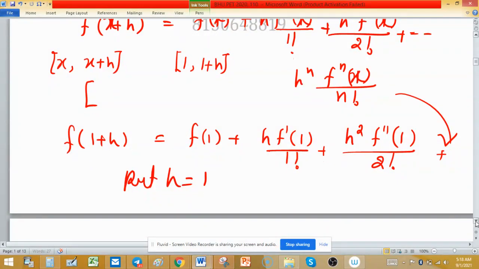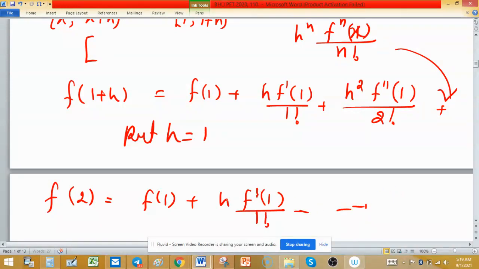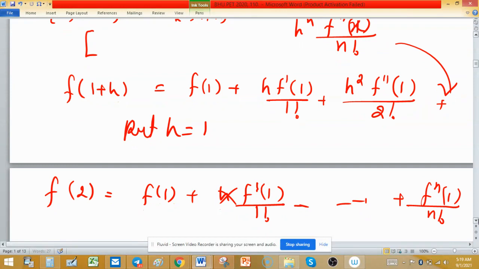If you put h equal to 1, then the asked equation we obtain is f(2) equal to f(1) plus f'(1) upon 1 factorial and so on up to f^n(1) upon n factorial, because h equal to 1 will not matter here.